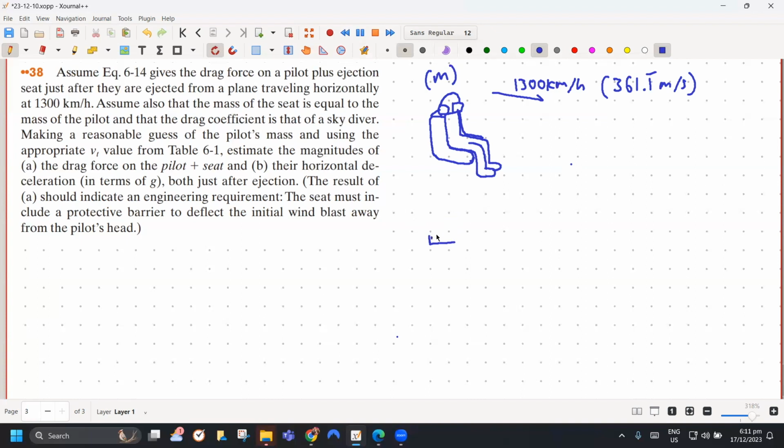So for the skydiver, we get the constants. Let's assume they have the same area as the skydiver.